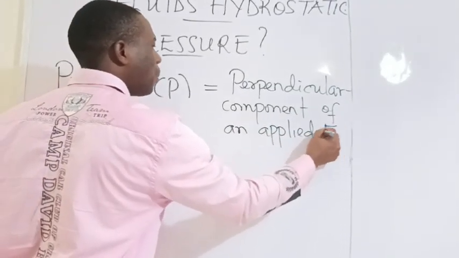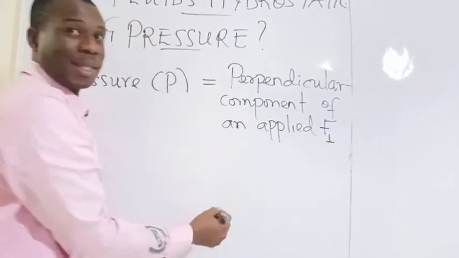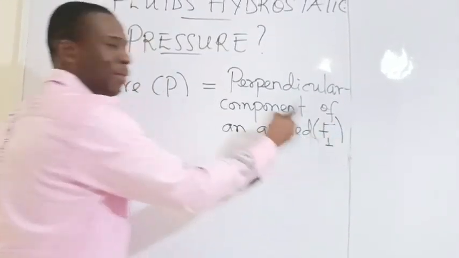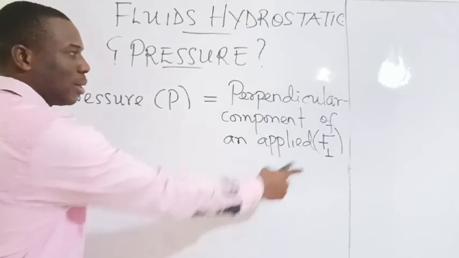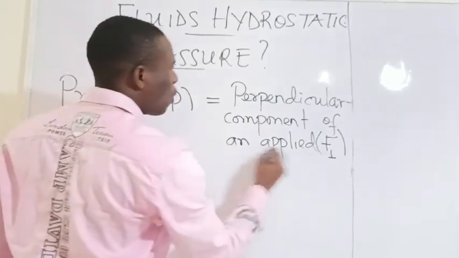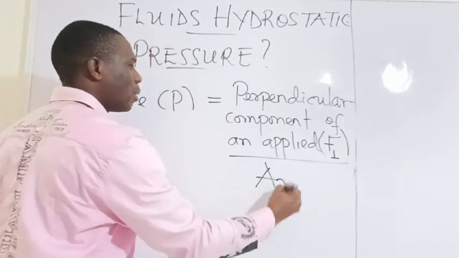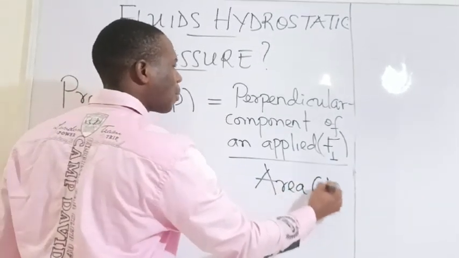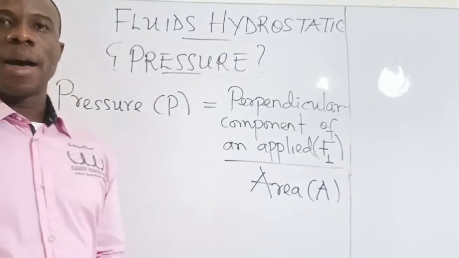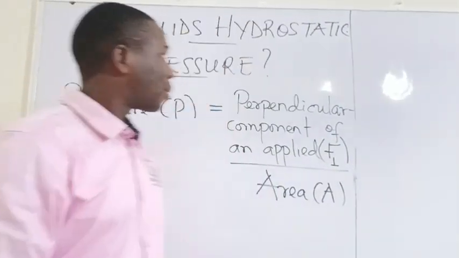So I will denote the perpendicular component of the applied or exerted force by F with a subscript of this symbol, so it's at 90 degrees with the surface, over the area A of a body or an object.